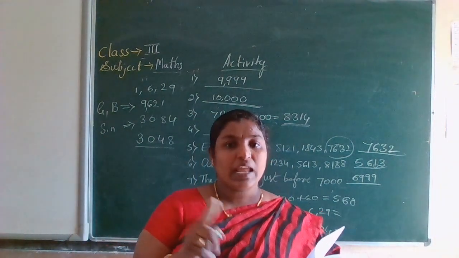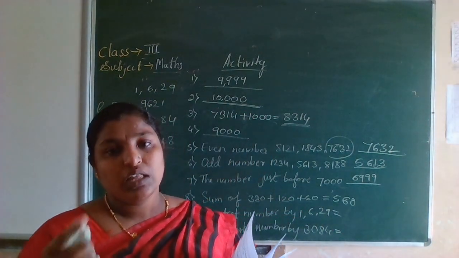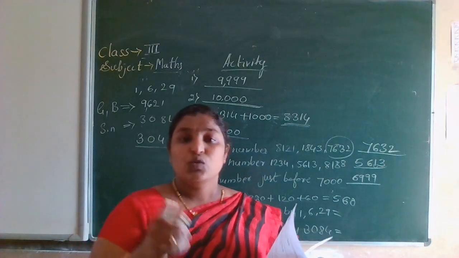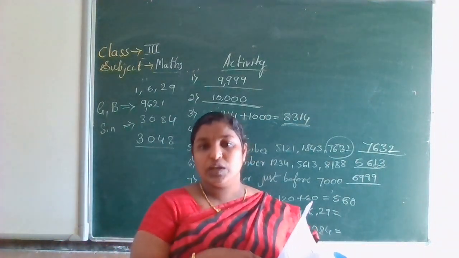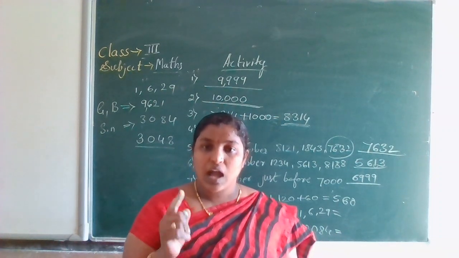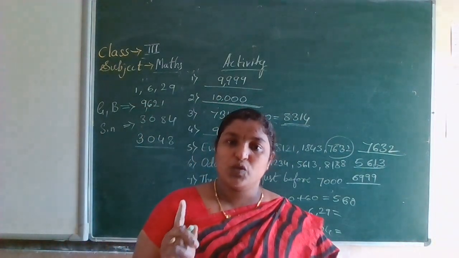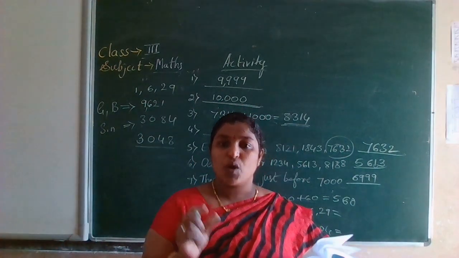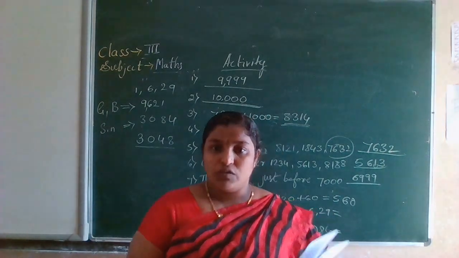If you feel that you cannot write this, then you have not understood that concept. To understand this again, you have to see the previous videos on these lessons. Then you will understand, or else you can talk to me. I will clear your problem.